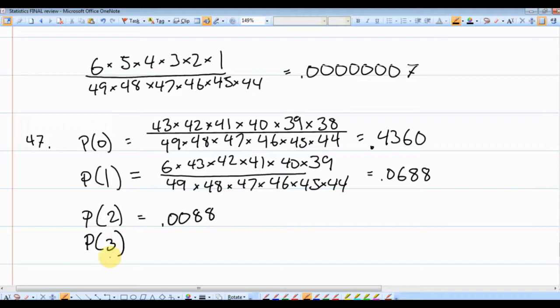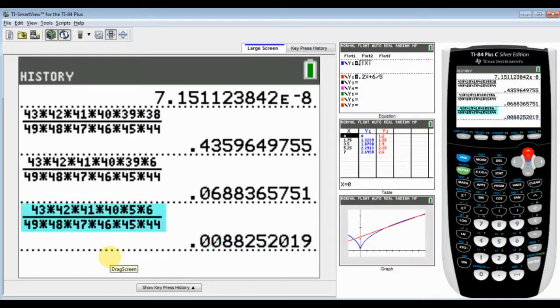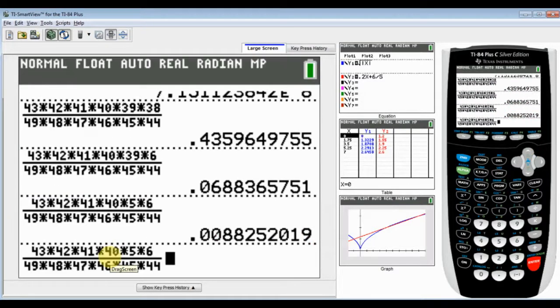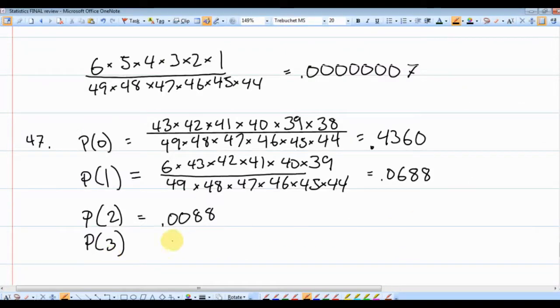Probability of 3 correct answers. Change that 40 to a 4, right? Three zeros and an 8. We need these numbers to figure out the answer.